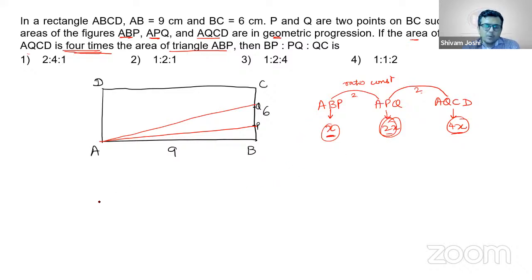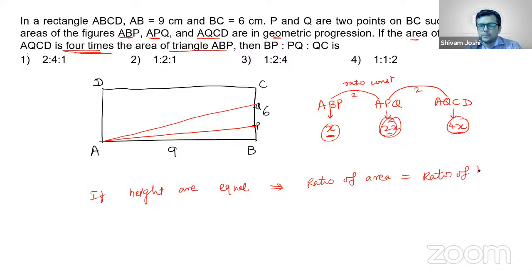Now, one very important property that you need to know is that if heights are equal, then the ratio of area should be same as the ratio of the base, which is very obvious also, as your area can be given by half into base into height.